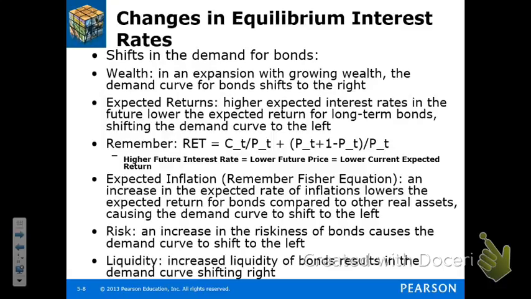So if P_t+1 goes up, so I am expecting, sorry, I apologize. Okay, so the one that I want to focus on is this one, but I'm going to start from a different part. I'm going to say that there is an expectation that in the future the return is going to go up.